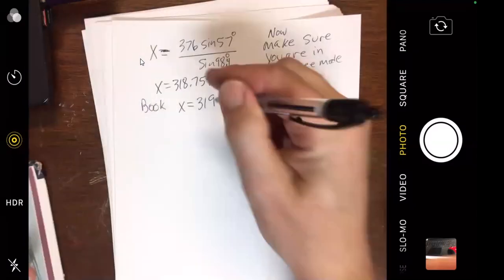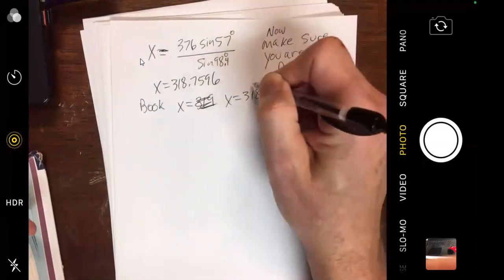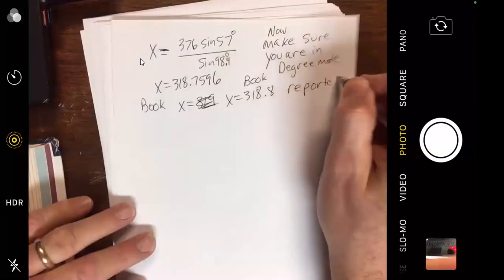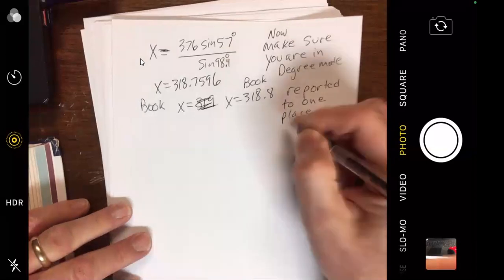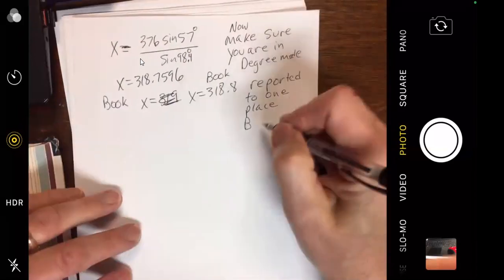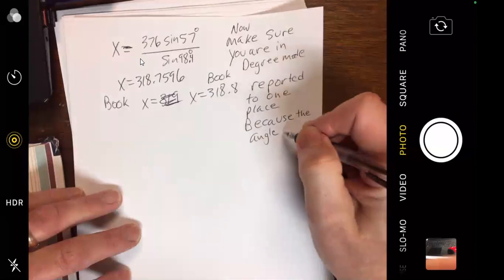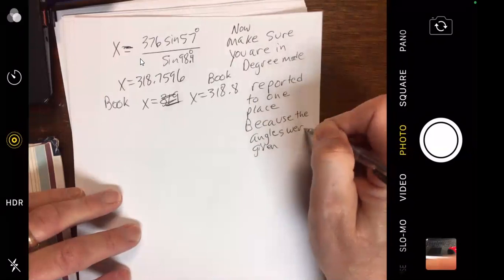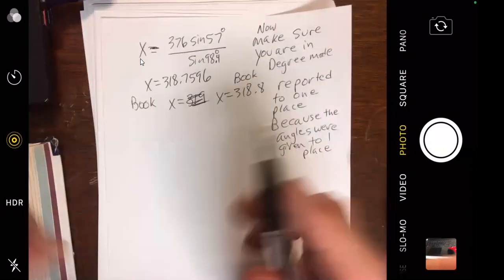The book actually had 318.8. They reported it to one place because the angles were given to one place. Okay, if you'd reported 319, I wouldn't have marked that wrong.